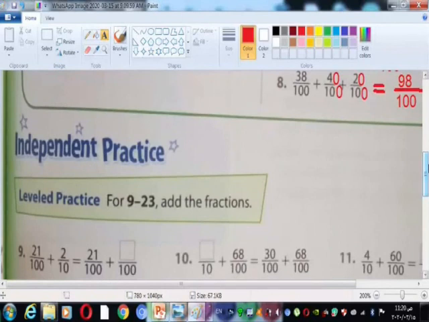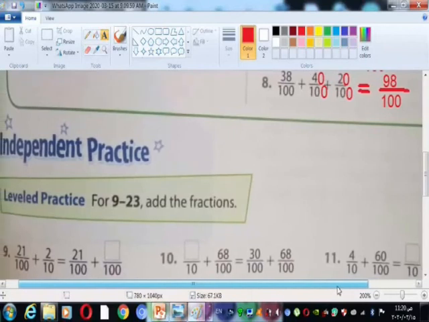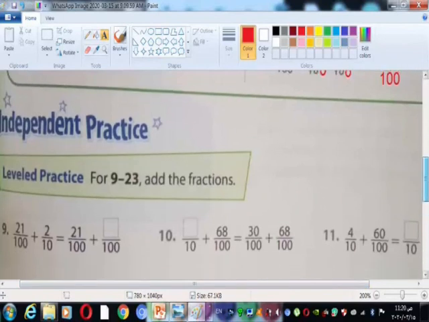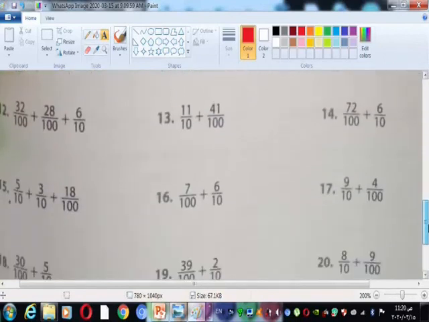Could you answer please with me this independent practice and send it to me to check your answers? You can send it via my email, or you can send it on the WhatsApp group. As you like, you have much more ways to send these answers for me.